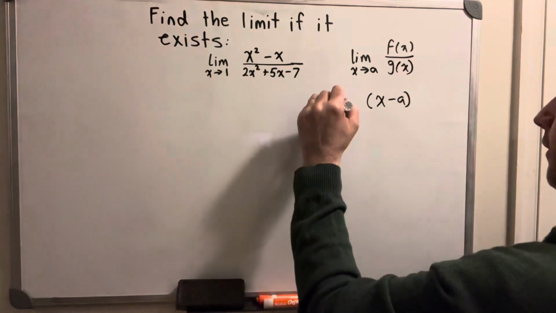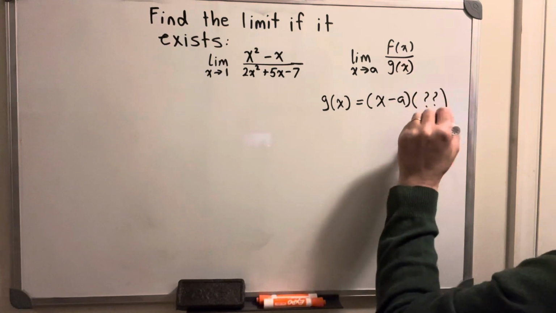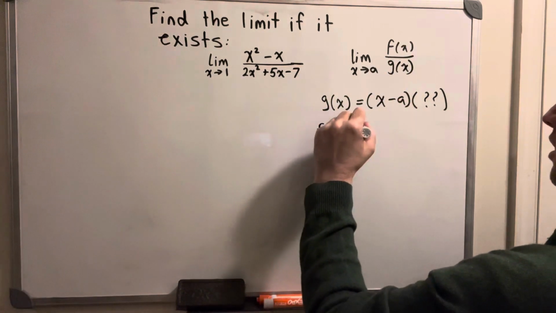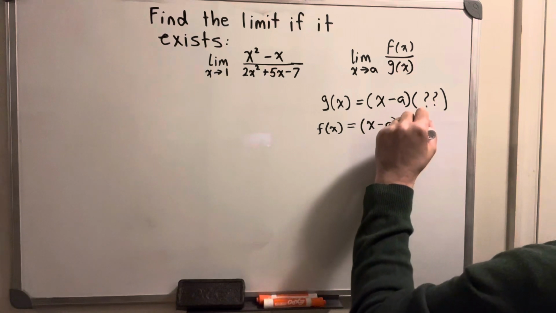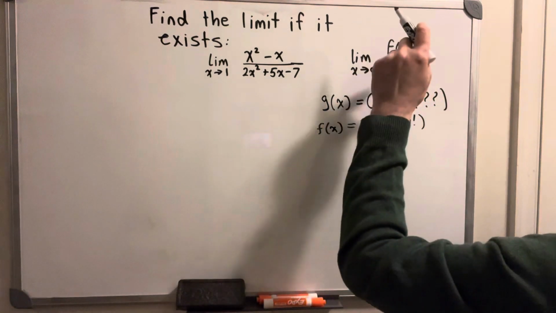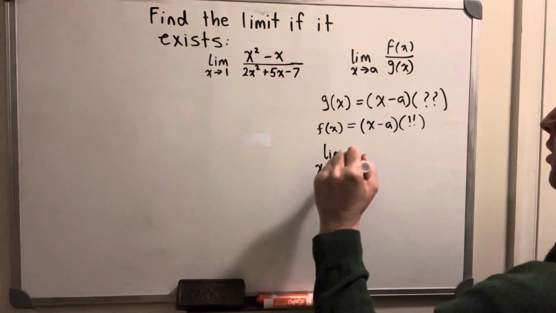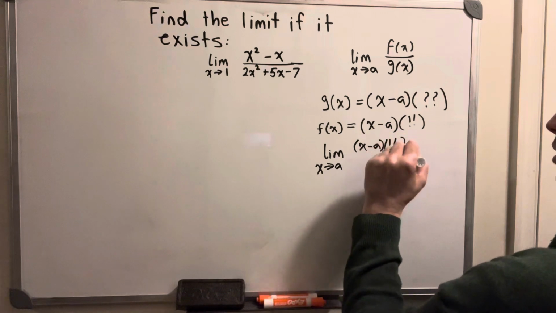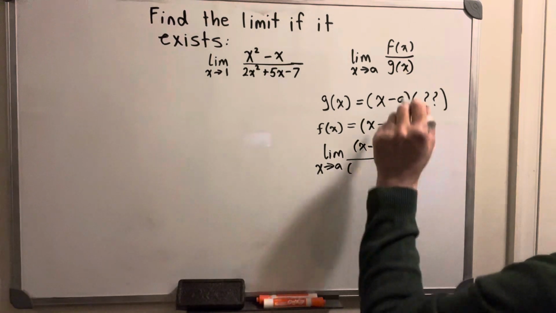So if I can figure it out so that g of x equals x minus a times something, and if I can make f of x equal x minus a times something else, you see what happens if you can convert this problem into this, where these little punctuation symbols represent other functions that are not 0 at a.